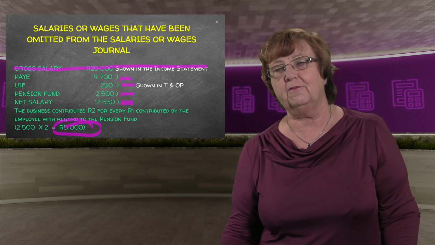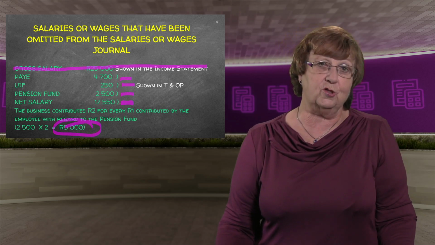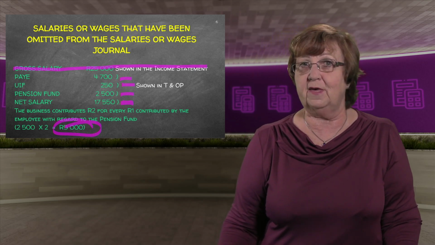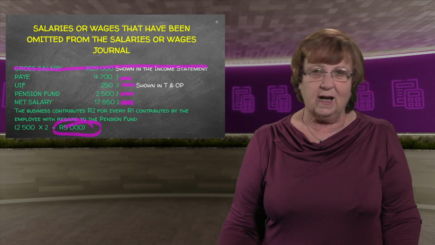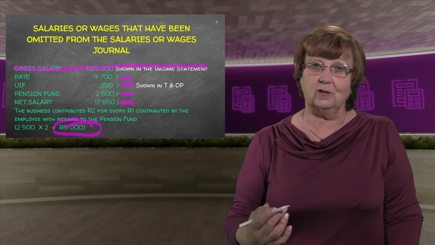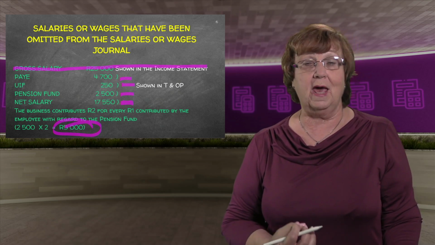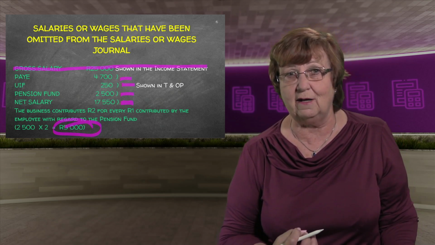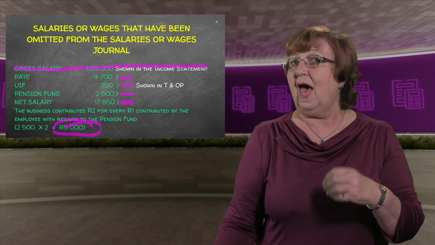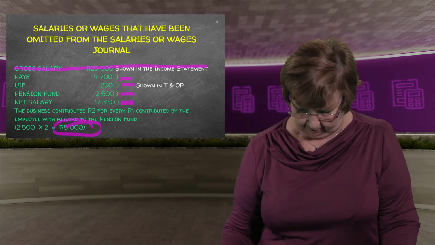It's the 2,500, which is the deduction from the employee's salary, plus 2,500, which is the contribution by the employer. Shall I just revise contributions and deductions? Deductions is what the employer takes away from the employee's gross salary. A contribution is what the business adds on to the employee's gross salary.